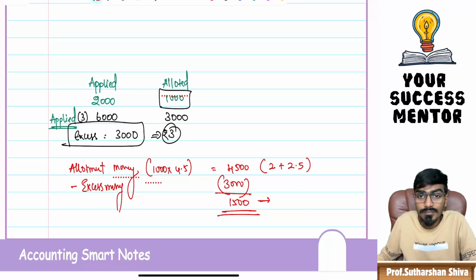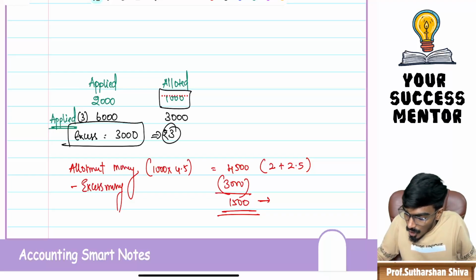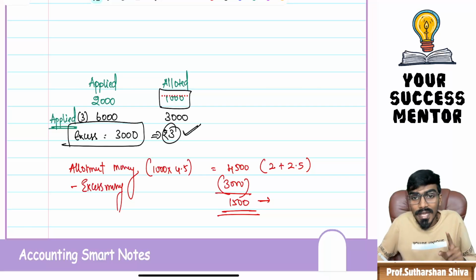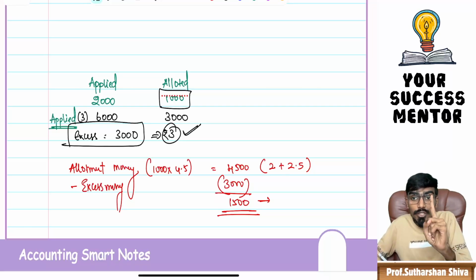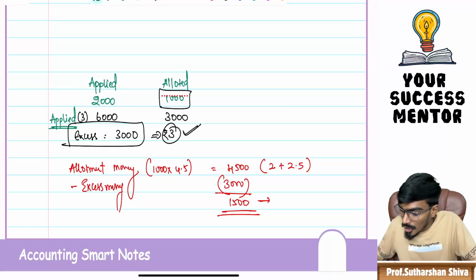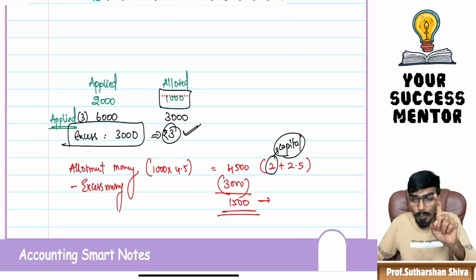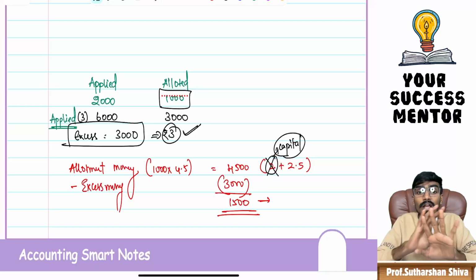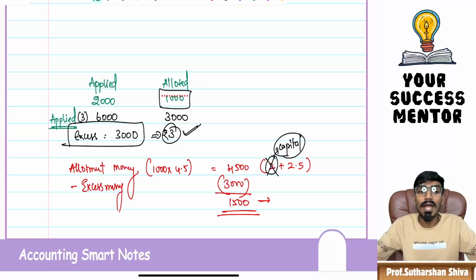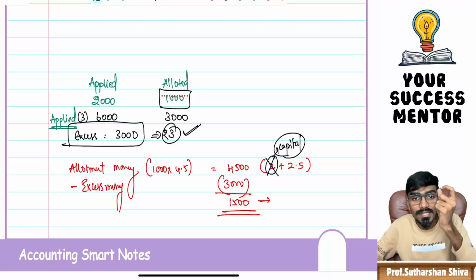First, you have a 3 rupee excess. That 3 rupee excess for one share, you should first adjust with the capital value of the share. What is the capital value of the share? 2 rupee. So now the allotment money is completely vanished.